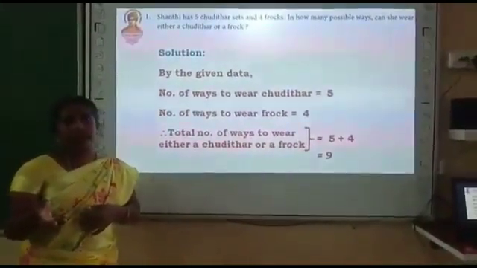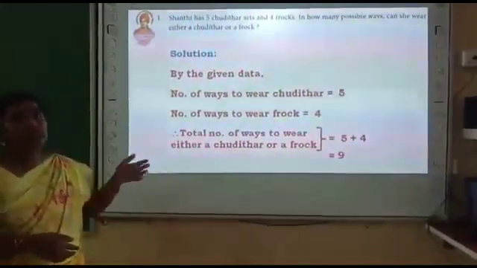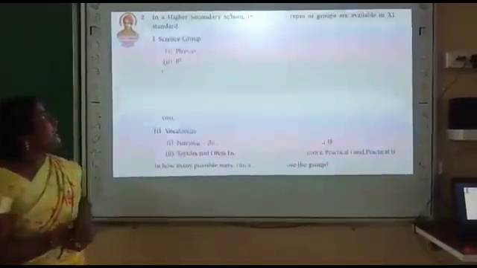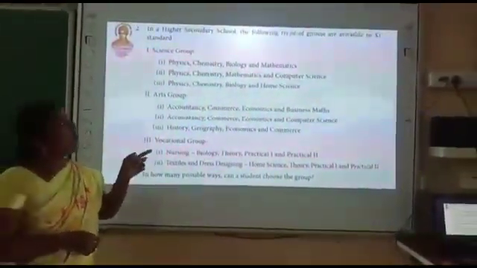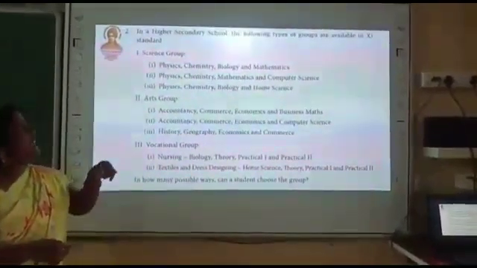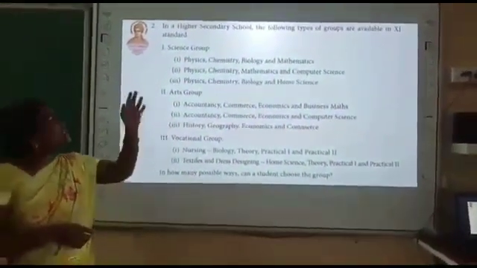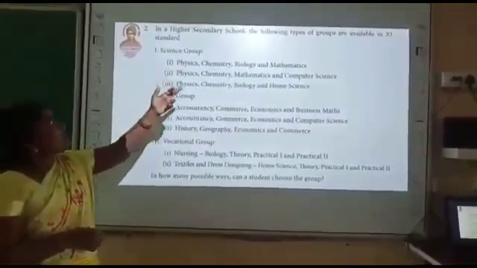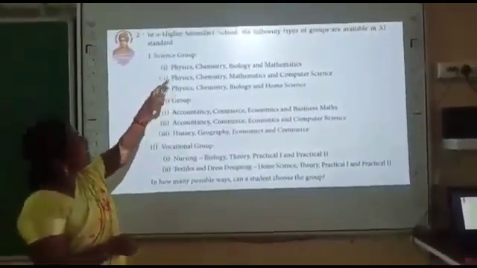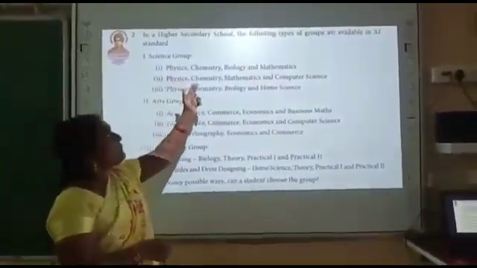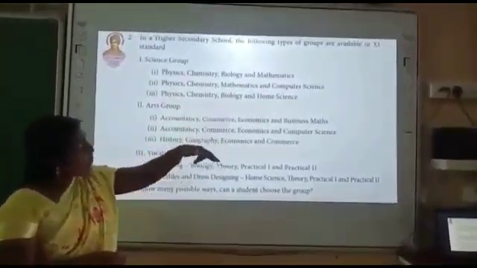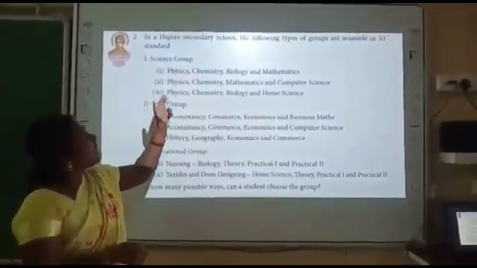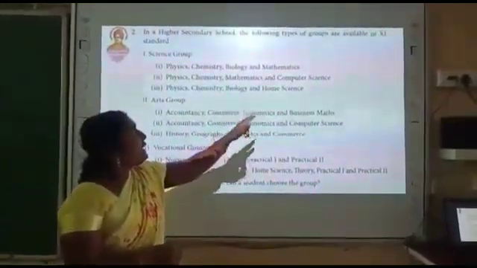Have you understood? Next, we will move to the next one. In the second sum: in a higher secondary school, the following types of groups are available in 11th standard. The science group has 3 ways: physics, chemistry, biology and mathematics; physics, chemistry, mathematics and computer science; and physics, chemistry, biology and home science.